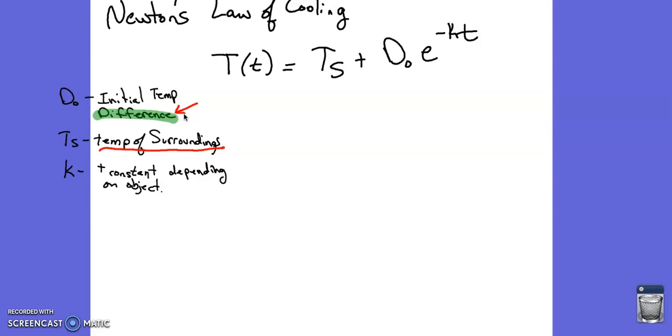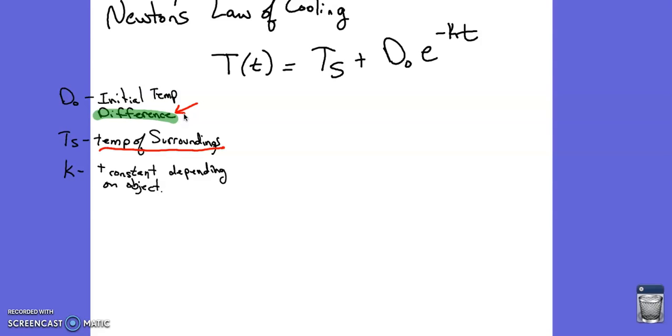A scenario is like a cup of coffee, or a turkey, or with forensics, a dead body. There are many different scenarios, like when you take a cup of coffee and set it out at room temperature. 10 minutes later, 15 minutes later, what's the temperature of the coffee?